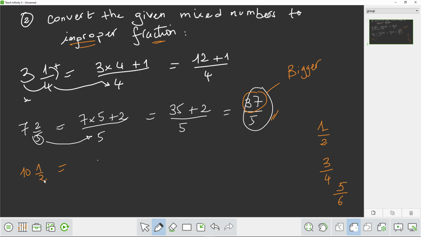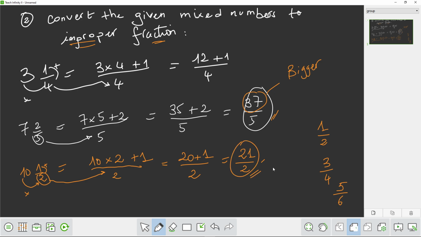You will do 10 times 2 plus 1, but always remember, bring this over 2 always here. Over 2. 10 times 2 is 20. 20 plus 1 over 2. Now it gives you 21 over 2. This is the answer.